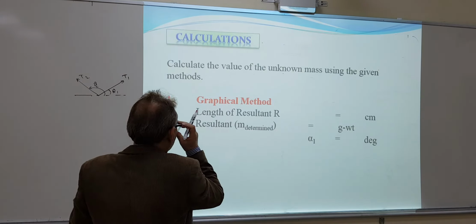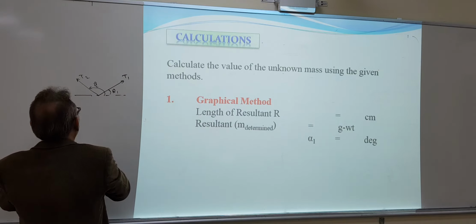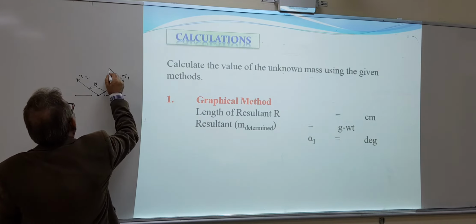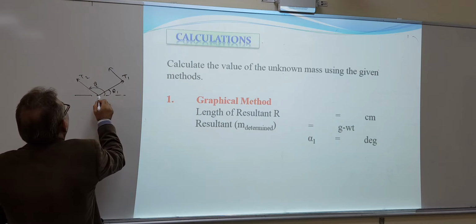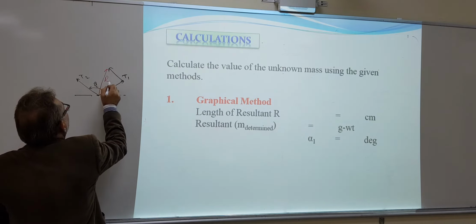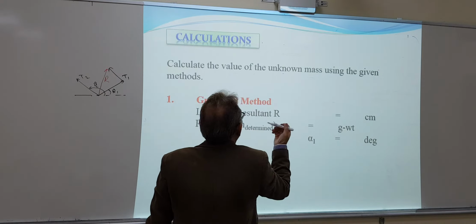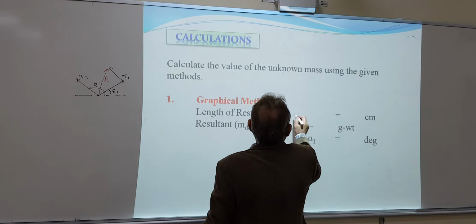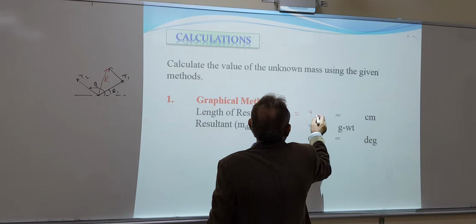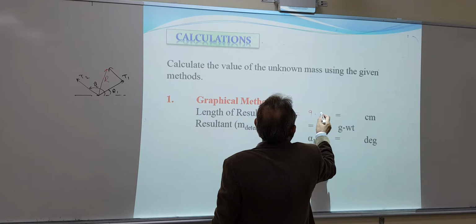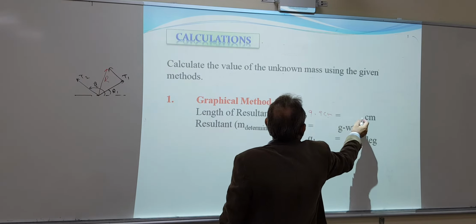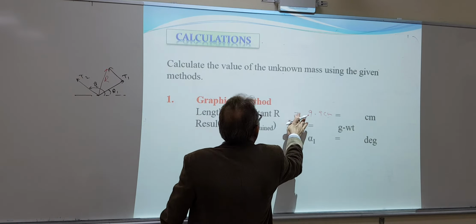Now, as I told you, once you finish this experiment and you join this here, you measure this in centimeters and write it down. For example, I have 9.29 centimeters, right?